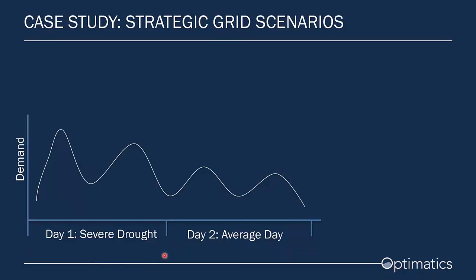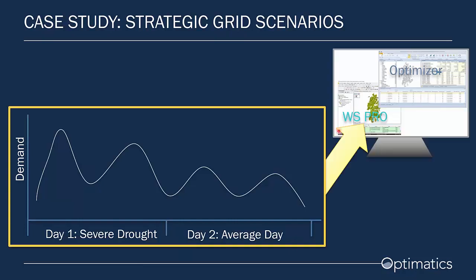So they wanted to look at the performance of different strategies across both of these scenarios. So in WS Pro, a 48-hour simulation was set up, and this was used as the hydraulic model, which was brought into Optimizer. So for Optimizer, whatever model is defined in WS Pro, we can bring into Optimizer.